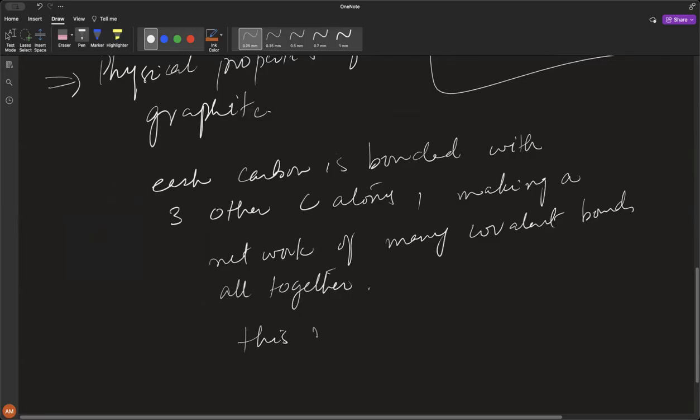This requires a lot of energy, obviously lesser than diamond, because in diamond there are going to be many more covalent bonds than graphite. Why? Because each carbon is making four bonds. Here each carbon is only making three bonds. This requires a lot of energy to break these bonds.